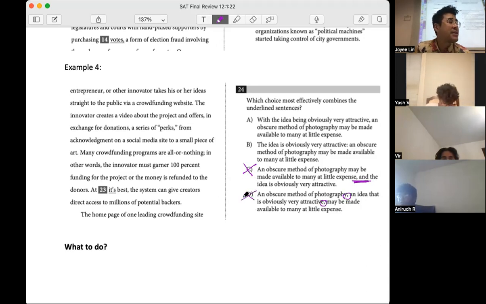Now we have SAT's least favorite word. What is SAT's word that's wrong 99% of the time in one of these 2? There is a word that is 99% of the time wrong. What is the word here? Being. Being is 99% wrong. Yeah, it is B, right? With the idea, obviously, you don't even need to say being. With the idea, obviously very attractive.